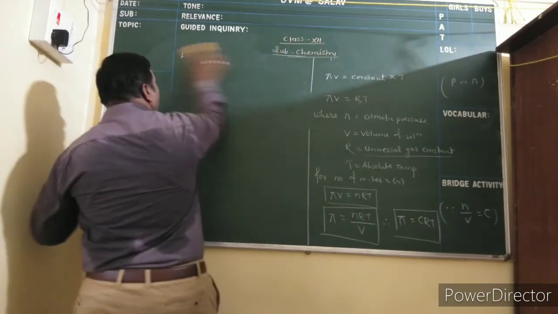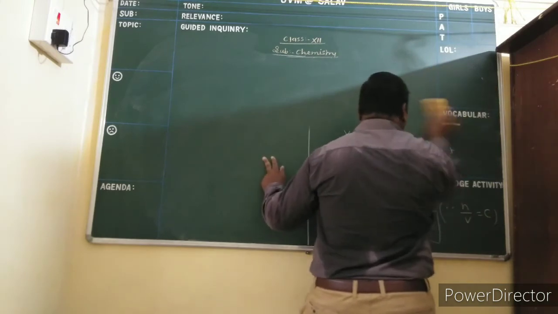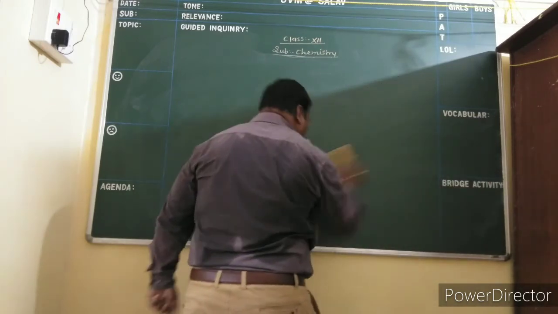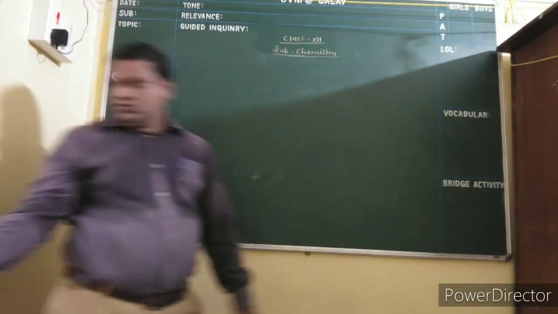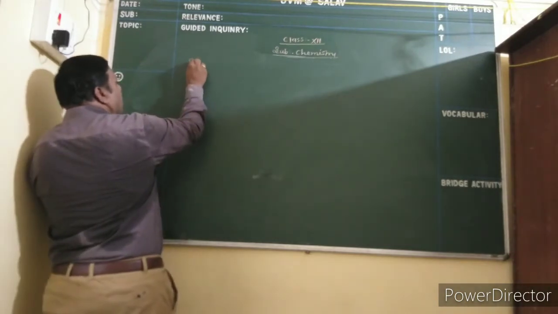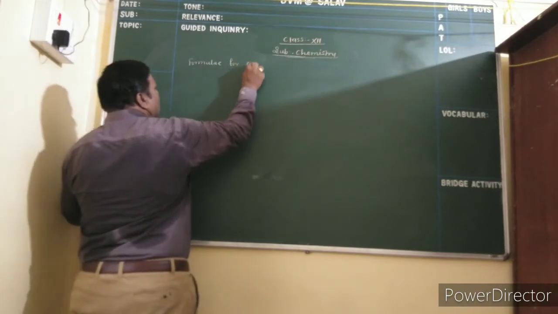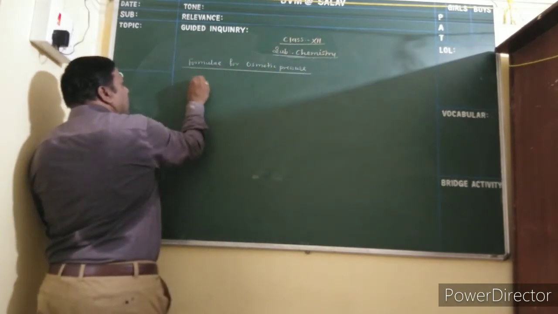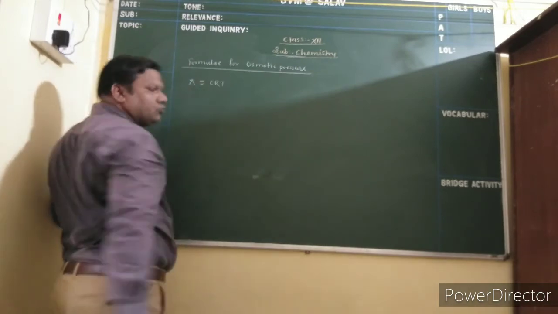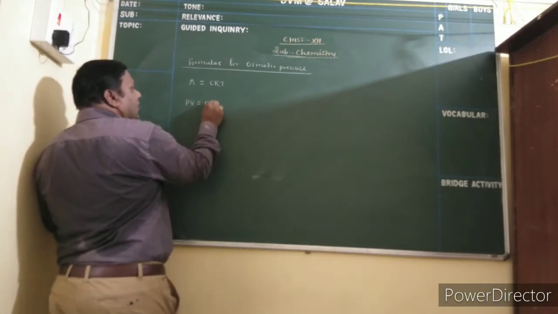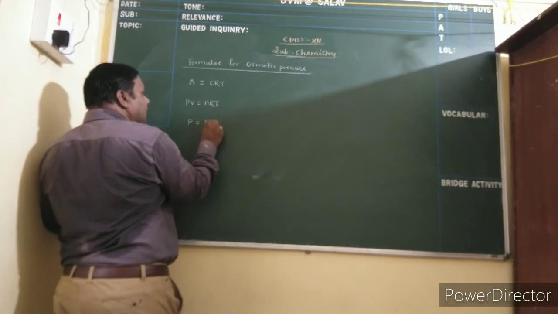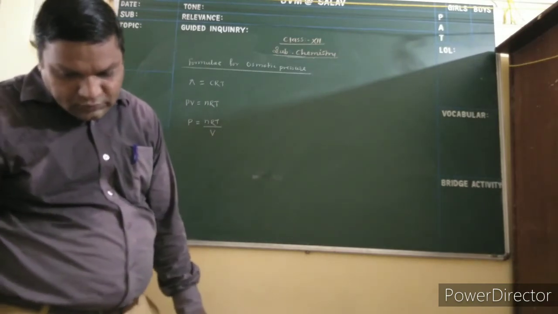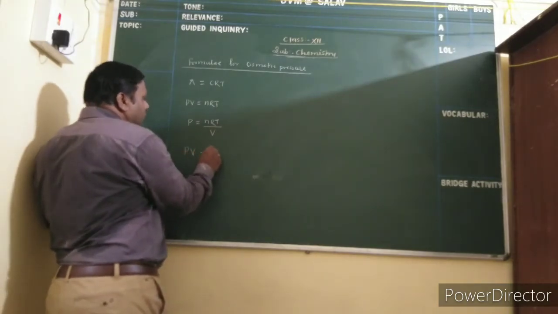Then the next is here determination of molecular weight. So here the formulas are, यहाँ पे जो ये formulas है, formulas for osmotic pressure: pi is equal to CRT, PV is equal to nRT, P is equal to nRT upon V, and here pi V or PV is equal to RT.